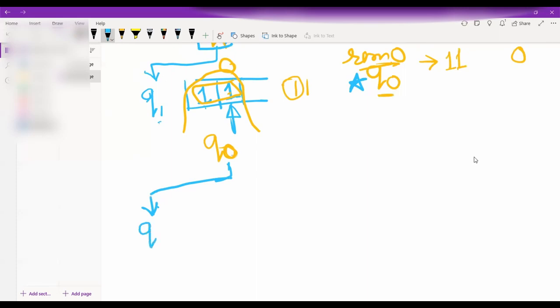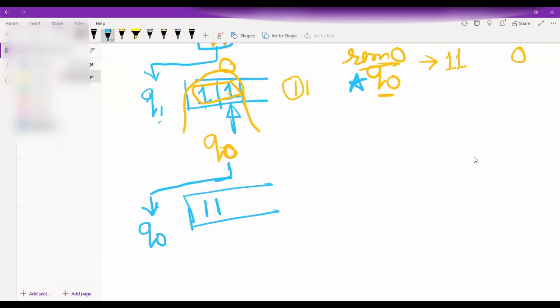So this is your next step. In the tape, we will mark the string which is represented by Q0. What was the string represented by Q0? It was 1 1.